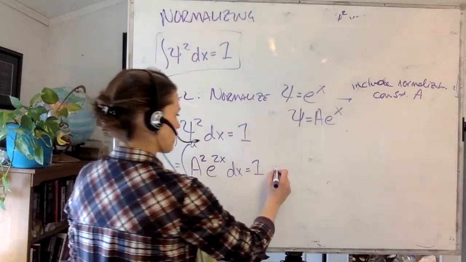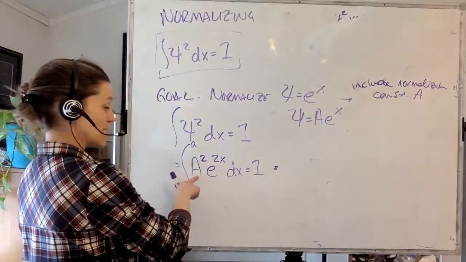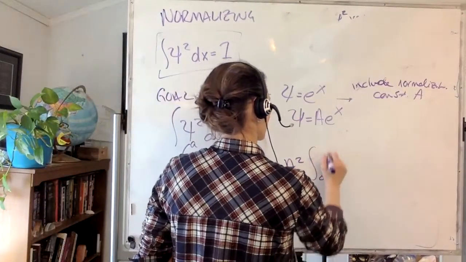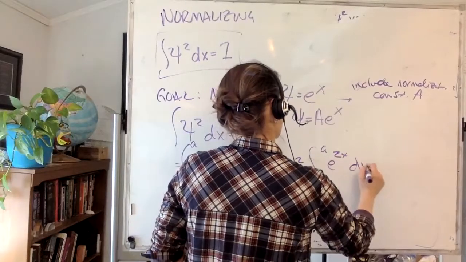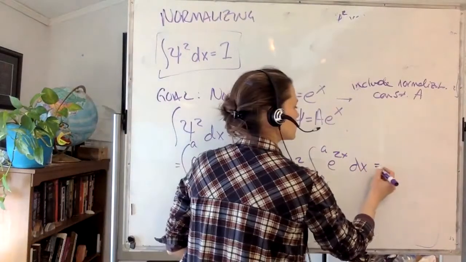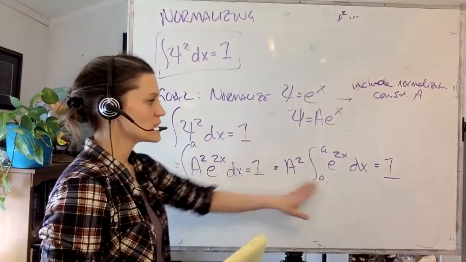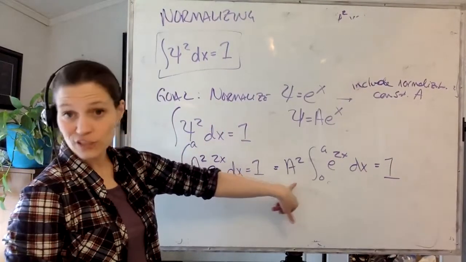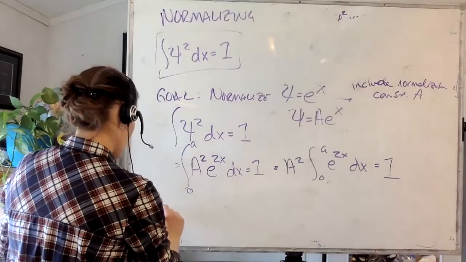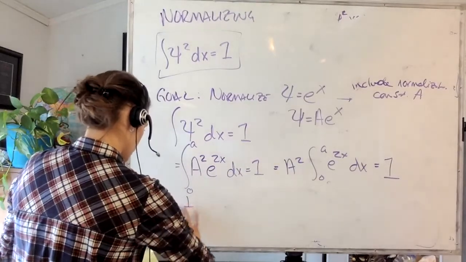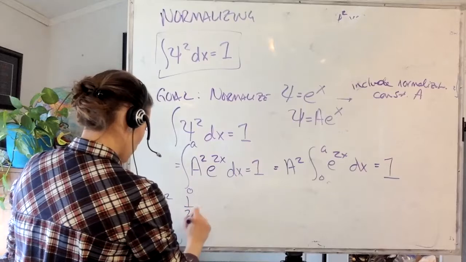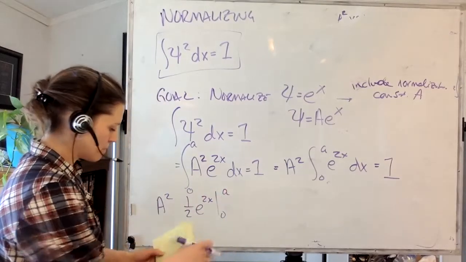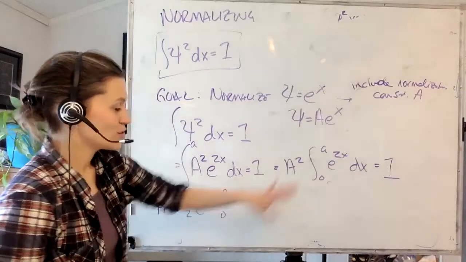So a squared is just a constant. I can take it out of the integrand because it doesn't depend on x. So a squared times the integral from 0 to a of e to the 2x dx equals 1. This is a true statement if and only if a equals something specific, so we're going to solve for what a is. Let's do the integral.